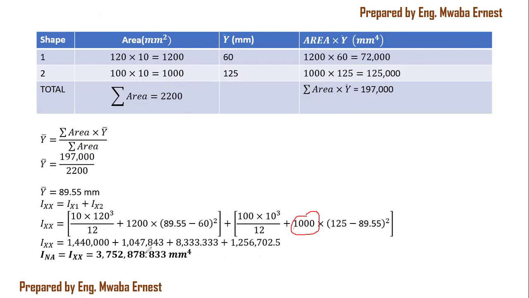That's very normal. You have some minor differences, especially after the decimal. That's very acceptable, so you have a range of correct answers. So this is what the question was asking for, and it's in millimeters to the power 4.